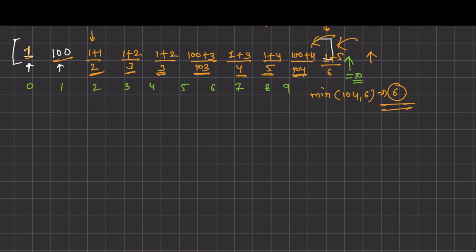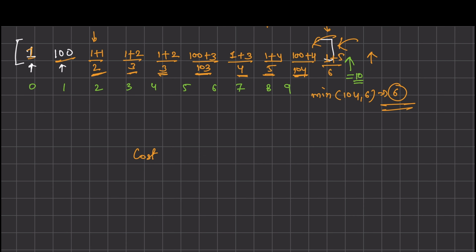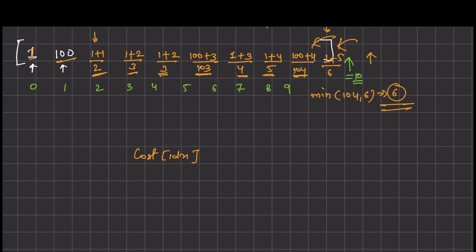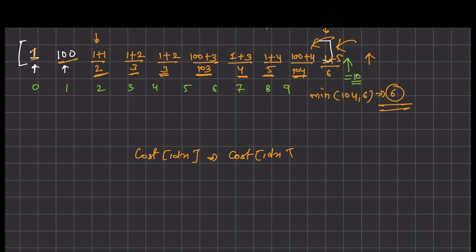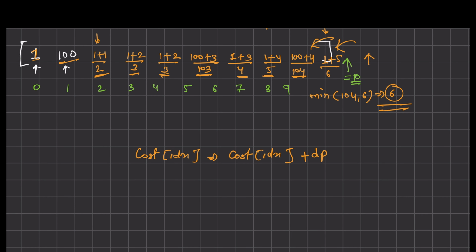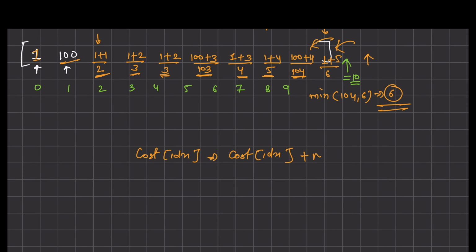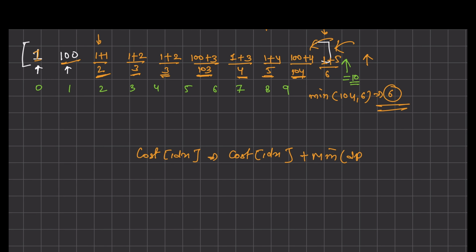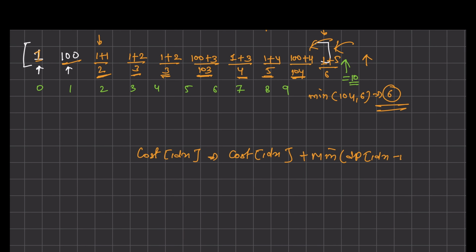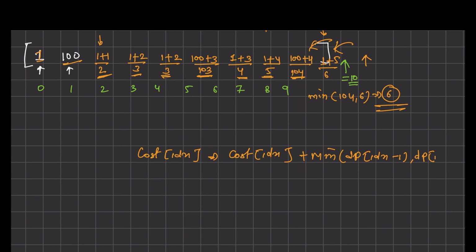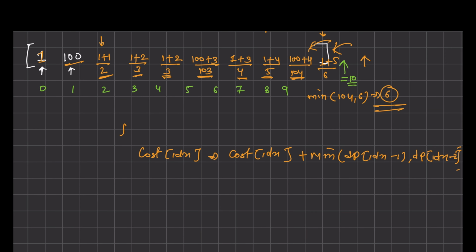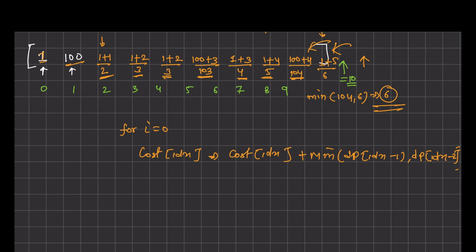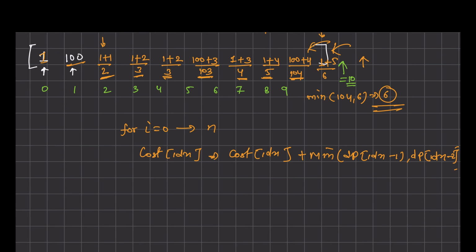So how do we generalize this? We can write dp of idx is equal to cost of idx, the current cost, plus minimum of dp of idx minus 1, comma dp of idx minus 2. We start from i equal to 0 up to i equal to n.